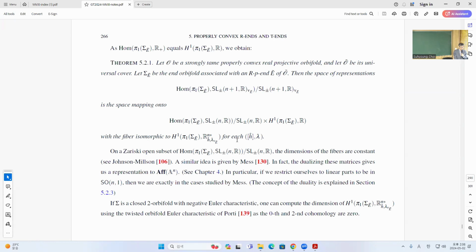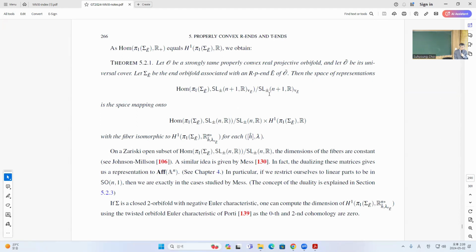So this is sort of like a fiber bundle, but it's not a fiber bundle because sometimes this can drop to zero, I mean, this dimension may change. But if it's constant, then you can make it into a fiber bundle, I guess. Mostly.